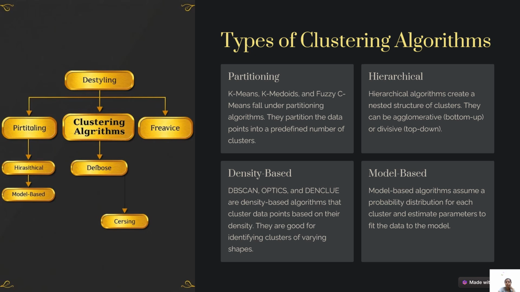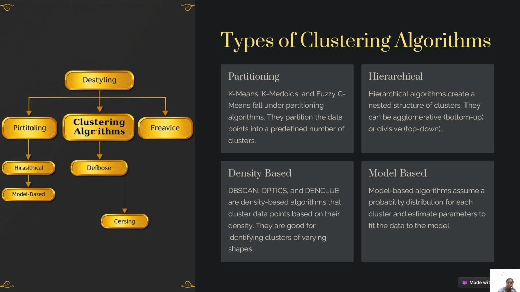Types of clustering algorithms: partitioning, hierarchical, density based, and model based. Partitioning: K-means, K-medoids, and fuzzy C-means fall under partitioning algorithms. They partition the data points into a predefined number of clusters. Hierarchical algorithms create a nested structure of clusters. They can be agglomerative, bottom up, or divisive, top down.